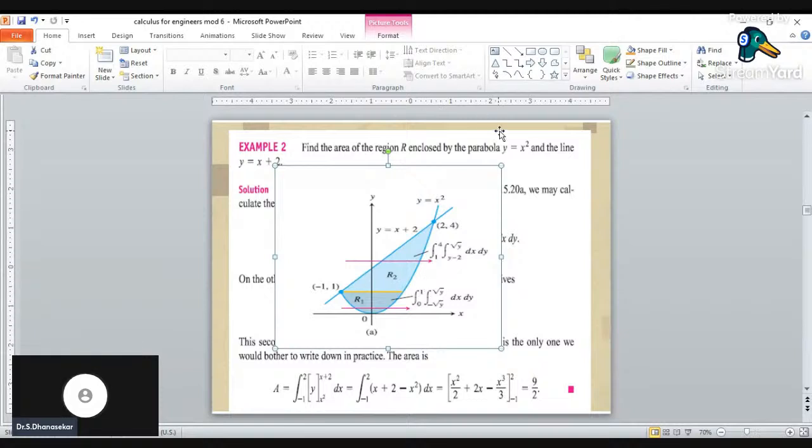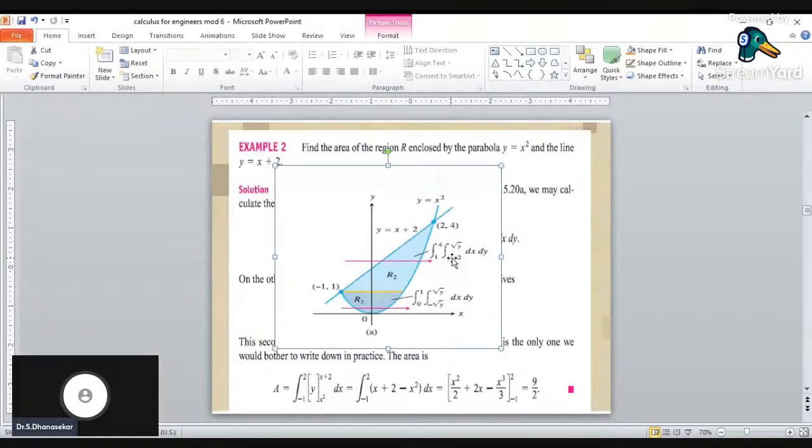Now, if I want to find dy dx, then for me it's no problem, because you will have only one integral. Why? Wherever I draw a vertical line, I get the same thing: it starts at this curve and ends at this curve. But when I draw a horizontal line here, it starts at the negative part of this curve and ends at the positive part of this curve.